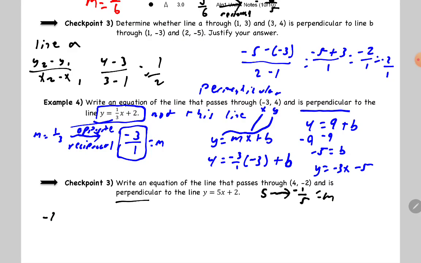So y, which is -2, equals m, which is -1/5, times x, which is 4, plus b. So I have -2 equals -4/5 plus b.